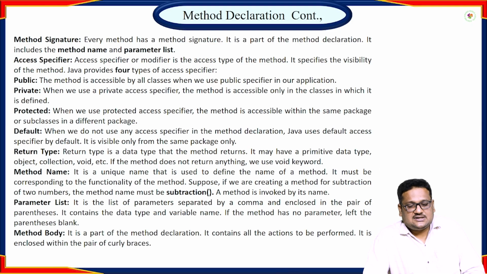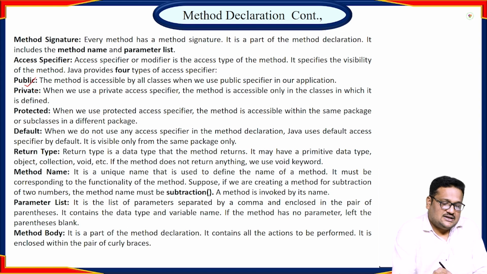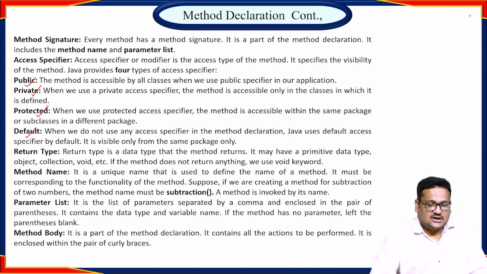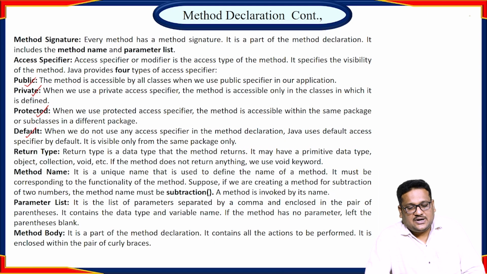Java provides 4 types of access specifiers for us. The first one is public, the second is private, the third is protected, and the fourth is default. The method is accessible by all classes when we use the public specifier in our application. When we use a private access specifier, the method is accessible only in the class in which it is defined.